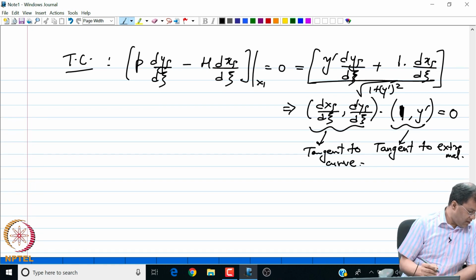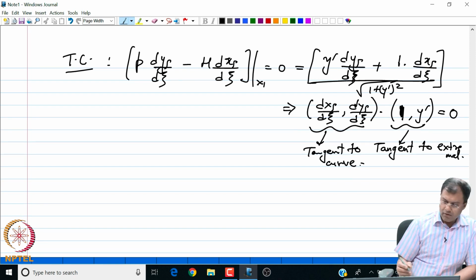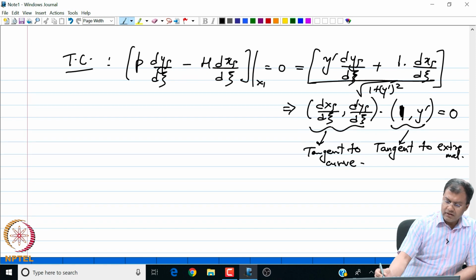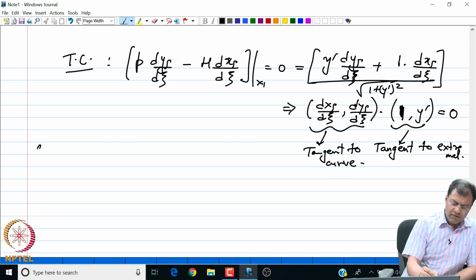So, I know that further solution to this equation is possible once we know the exact form of gamma, right. So, let me look at some specific cases.